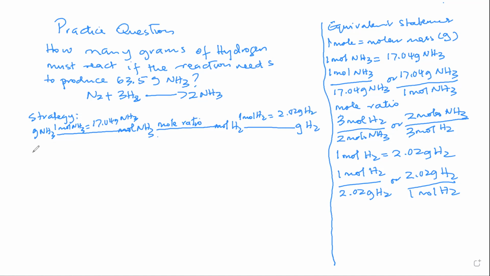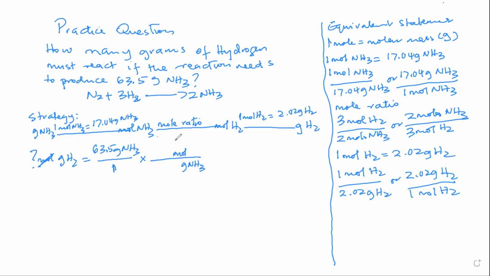Now, we want to set it up. So we want to find grams of hydrogen, not moles of hydrogen, grams of hydrogen. So we know we are given this NH3 over 1 times grams of NH3.